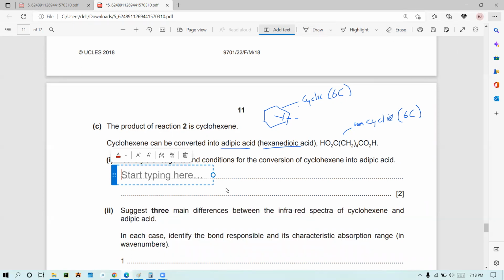What concentrated came in? We can see acidified, concentrated, or acidified, concentrated potassium permanganate.